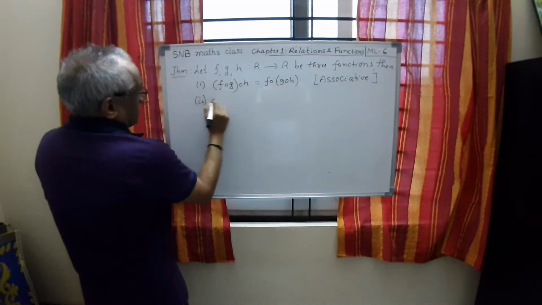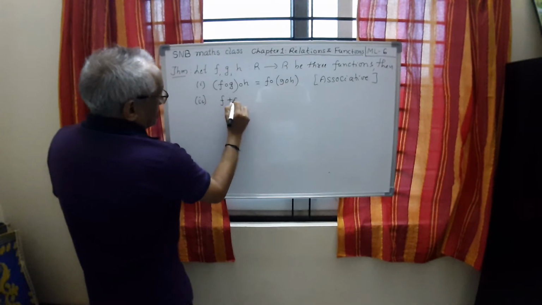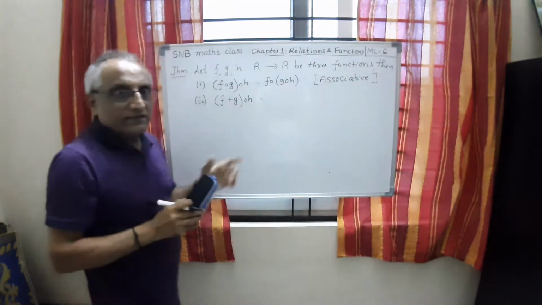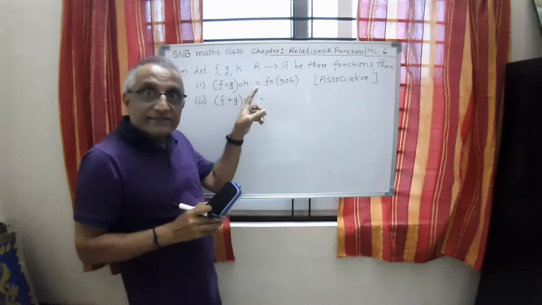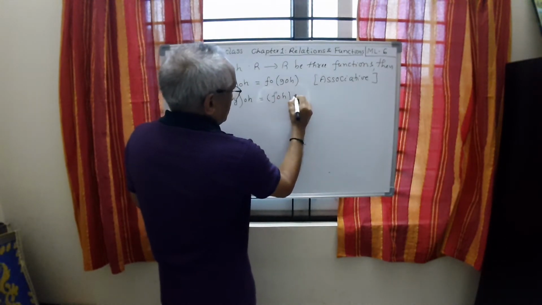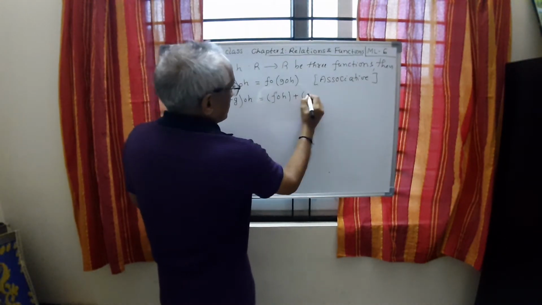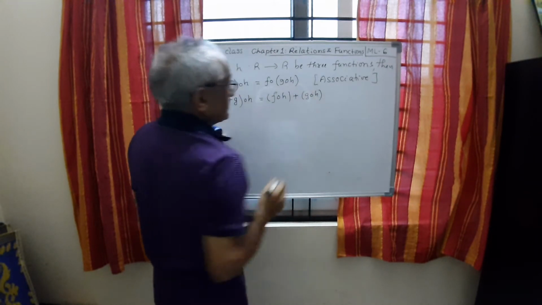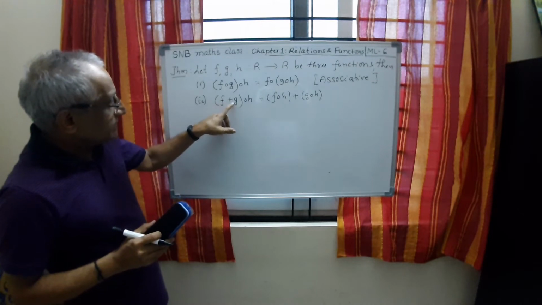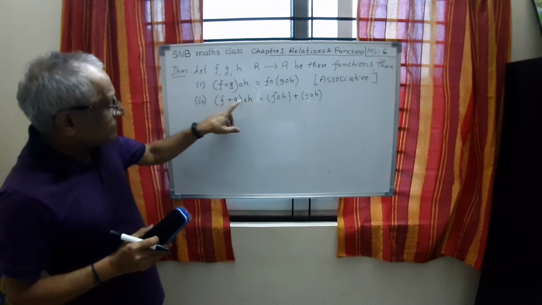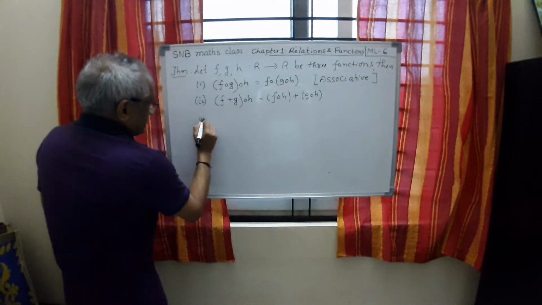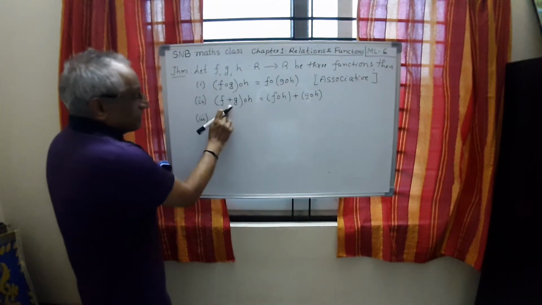The second one is (f plus g) of h. If you write (f plus g) of h, this is f of h plus g of h. So this is the property. You can remember this like this: (a plus b) into h is a into h plus b into h. And the third one: here plus is there.